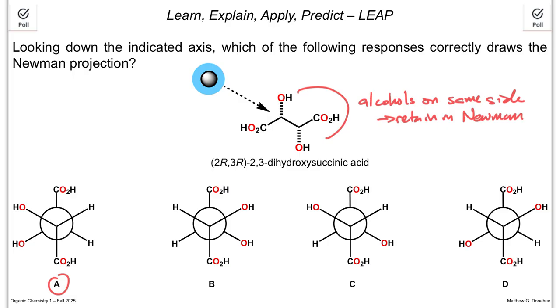In my mind, when I'm taking my eye from here and moving it this way, my left eye looks at the stuff that's behind the board, and my right eye, the stuff that's in front. But the other way of doing that is just making the model and then holding it. So you can see on my left side here are the OH groups, and from that viewpoint, they're in the back, the same side on the back.